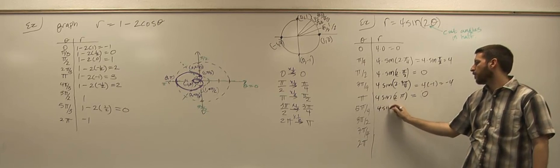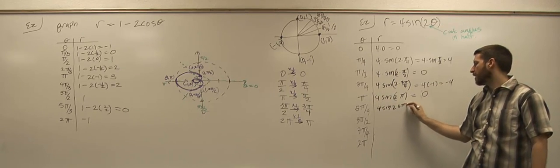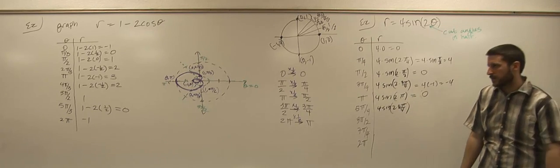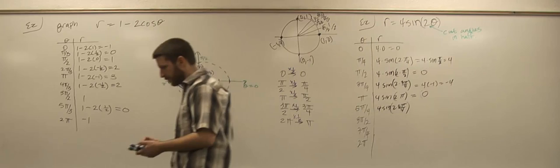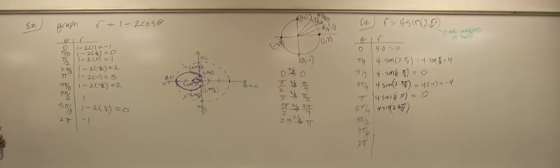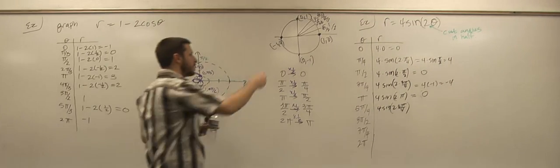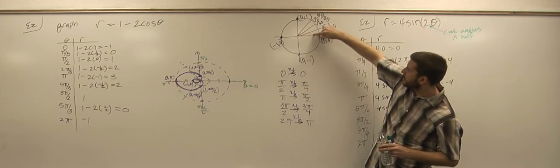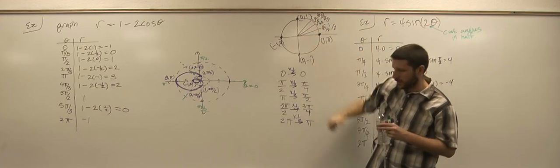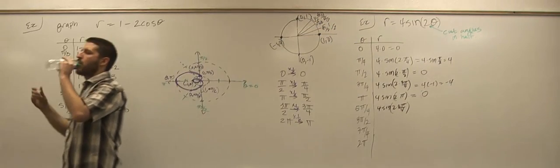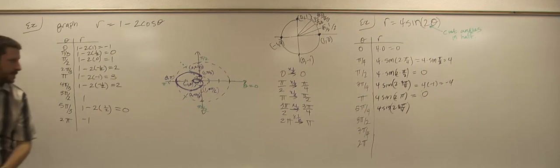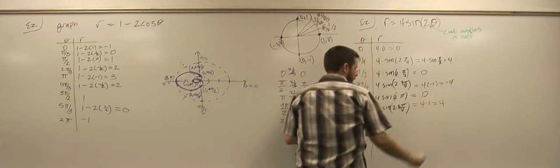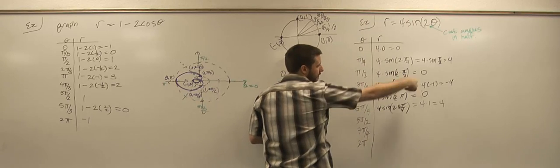Plug in 5 pi over 4. 2 times 5 pi over 4 is 5 pi over 2. Where does 5 pi over 2 land? Lands back in the pi over 2, right? 5 pi over 2, 1 pi over 2, 2 pi over 2, 3 pi over 2, 4 pi over 2, 5 pi over 2. So you're back at 1 for sine. 4 times 1. It's just going to repeat.